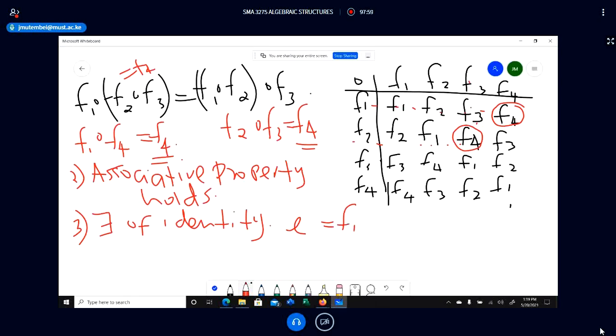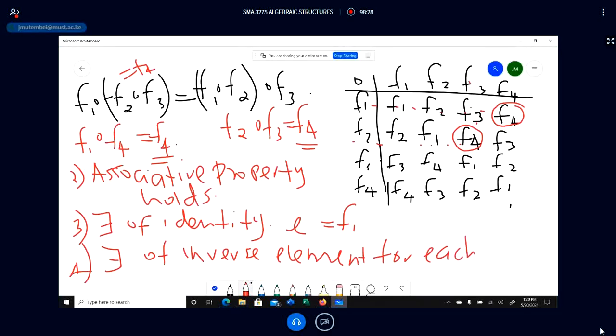Because of that existence of identity element E, we can say that there is an identity element in G. The other property, number 4, is existence of inverse element for each member of G, for each F in G.